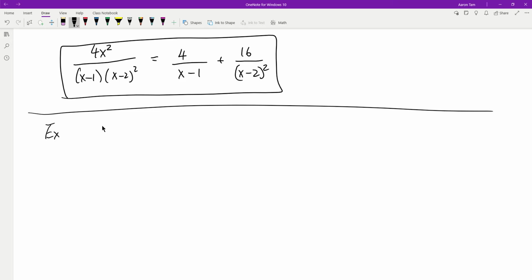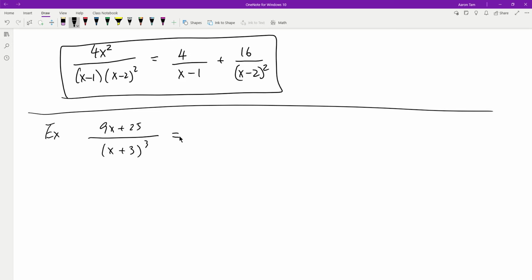Okay, let's try to form the partial fraction decomposition for this fraction right here. This one has a repeated linear factor, and this time the linear factor is x plus 3, but it's to the third power. Because it's to the third power, that indicates we have to have 3 partial fractions in order to form this fraction correctly.